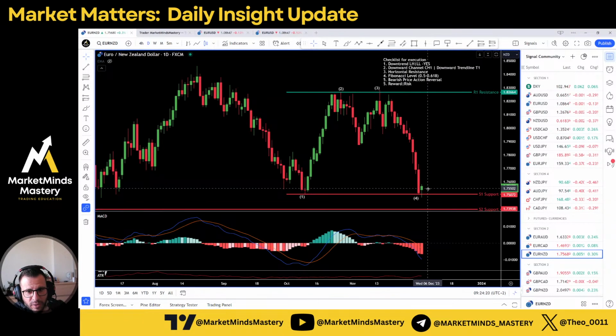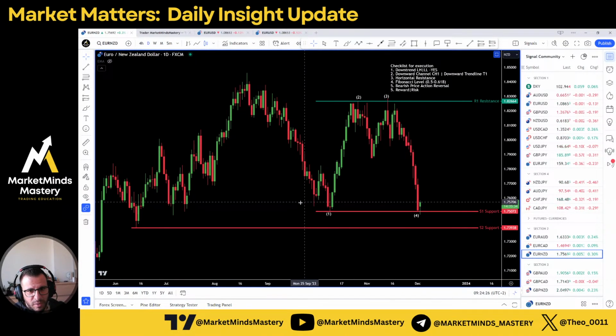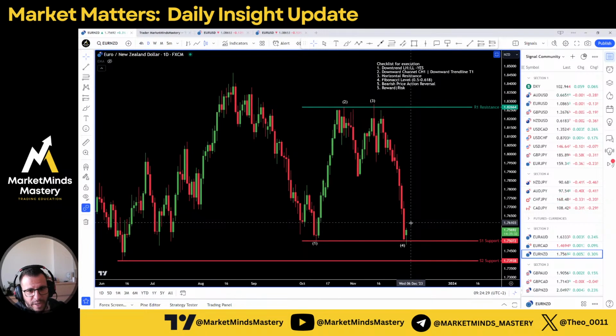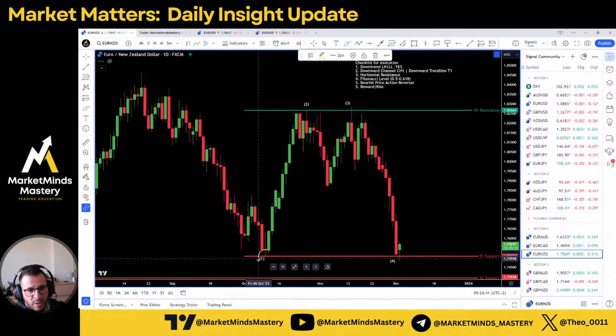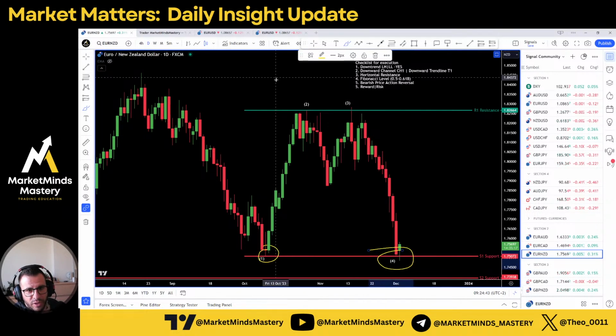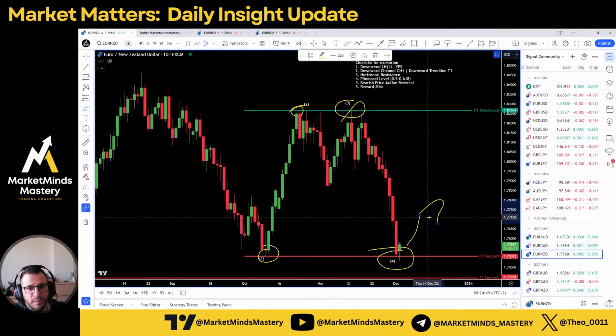Yes, a pullback and continue will be ideal, of course, but the take profit target already appeared. Now you see I marked this number 1, number 2, number 3, and number 4, with a bullish price action reversal here. It's going to be an established trading range, so we might look to buy this one.